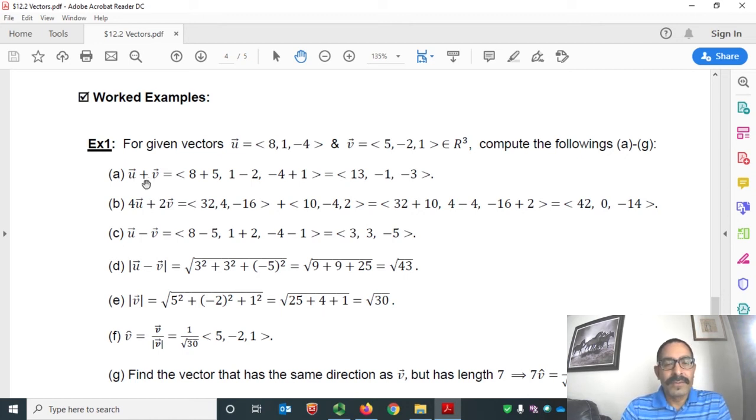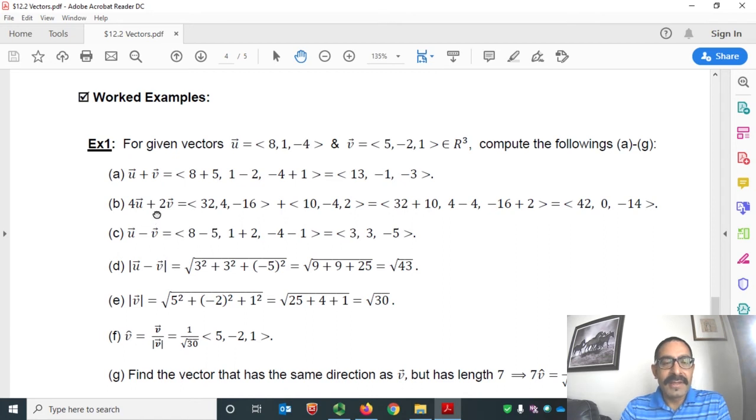For the solution, we can add the 2 vectors component-wise. So 8 plus 5 here, 1 minus 2 in the second component. In the third component we are adding negative 4 plus 1, which turns out to be the vector with components 13, comma, minus 1, comma, minus 3.